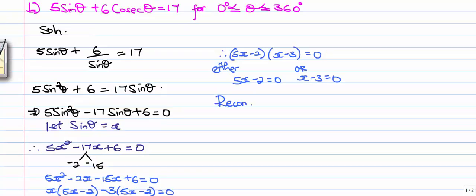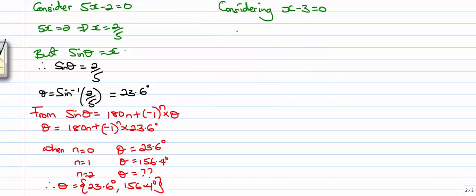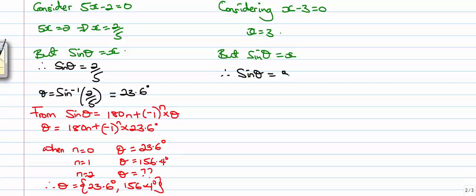So we can now reconsider x minus 3 is equal to 0. Once you make x the subject, you get x is equal to 3. We can still replace into our equation for sine theta being equal to x, so sine theta is equal to 3. We said that the maximum sine we can ever get is 1.